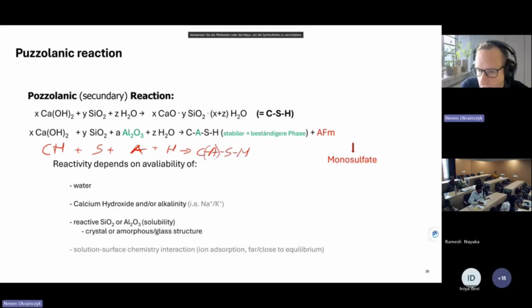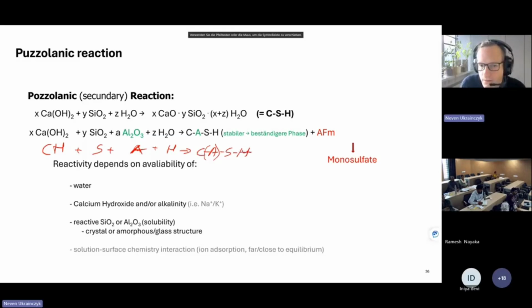So it's the CSH, and it has aluminate, like 5% to 10%. When you have aluminate, this phase is even stronger, more stable, more durable, let's say, than the CSH phase.